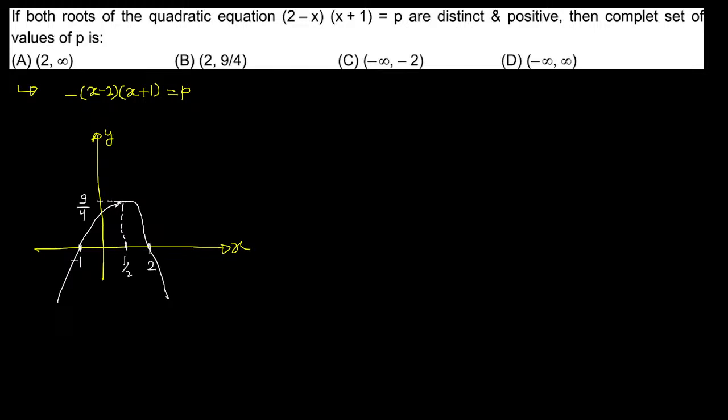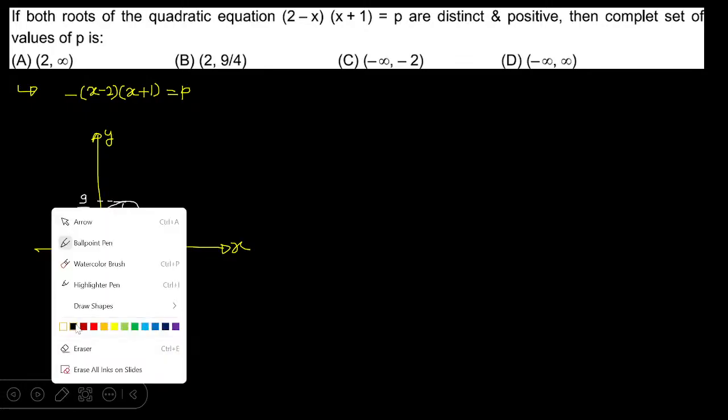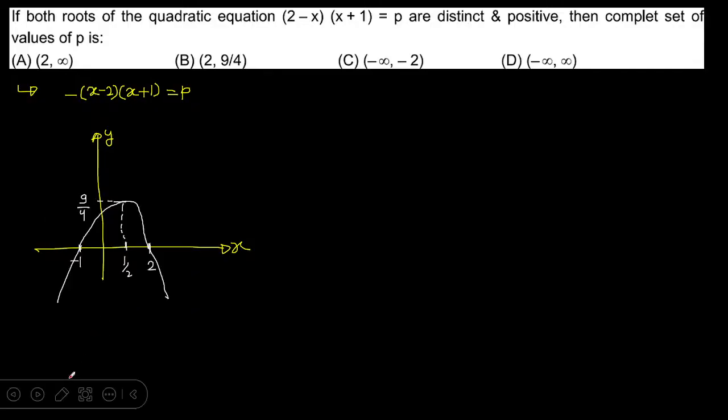If both the roots are distinct and positive, then what is the complete set of values? They are saying that this equation has two roots, distinct and positive. That means at 9 by 4 we have only one intersection.